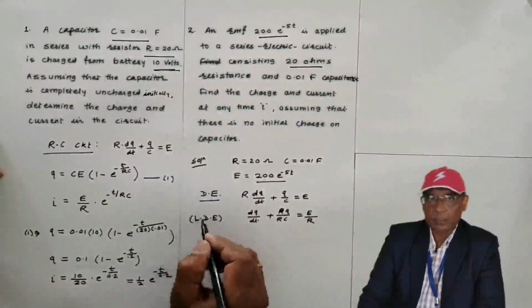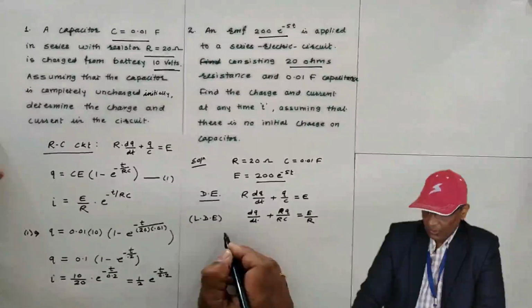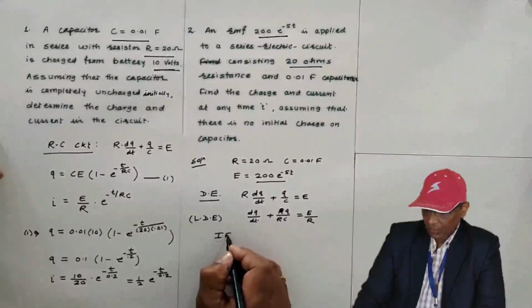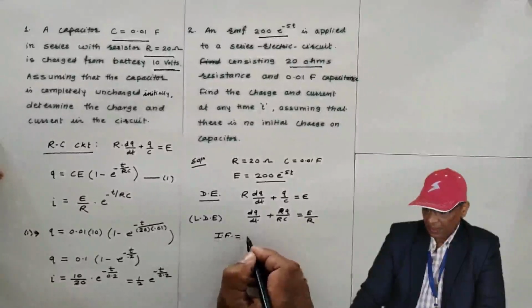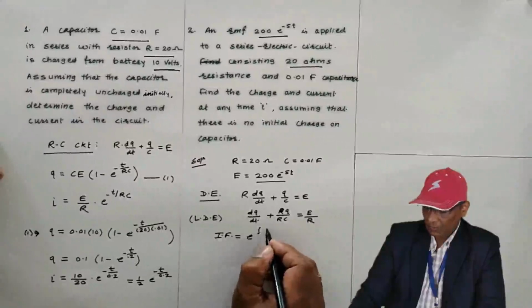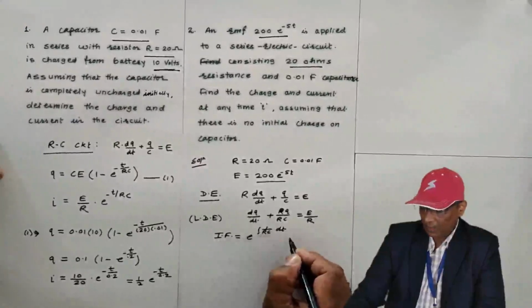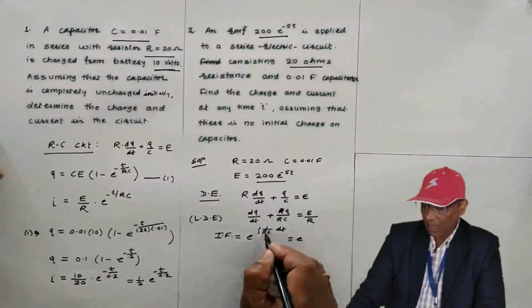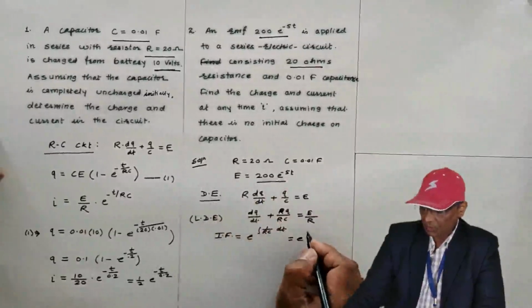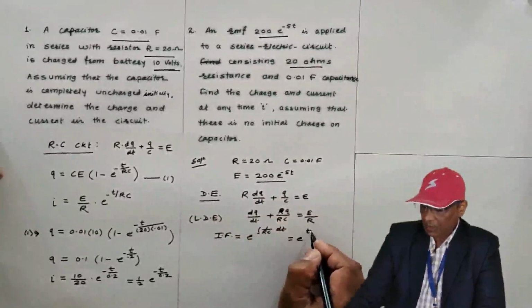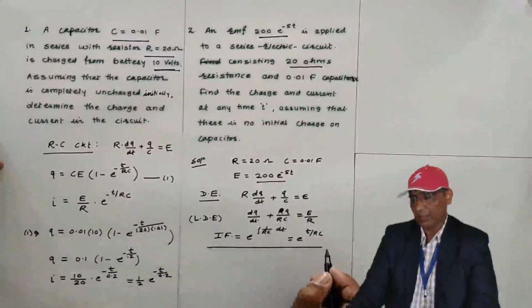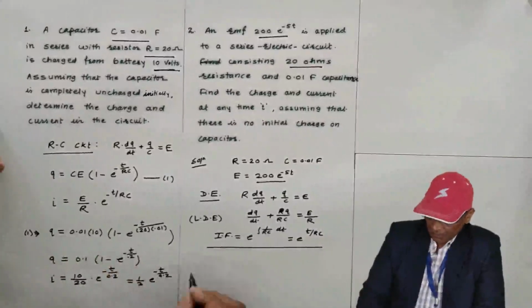This part we have done previously. Therefore, the integrating factor is e to the power integration of 1 by RC; R is constant and C is constant, therefore t by RC. This is the integrating factor. This part we have done previously.